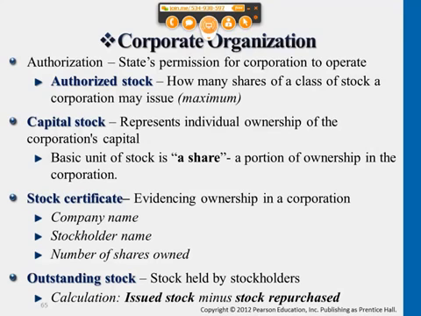Usually the terms issued stock and outstanding stock are equivalent, but in Chapter 13 we'll talk about stock repurchase. In that case, if a company repurchased some of the stock that they issued before, then these terms will no longer be the same.